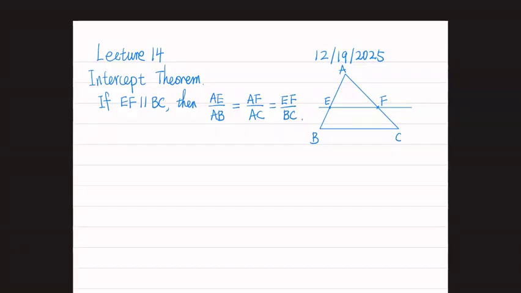Because this is an identity, now we can use the proof by contraposition to show that this is actually equivalent. So conversely, if we have the same ratio, then the two lines EF and BC must be parallel.